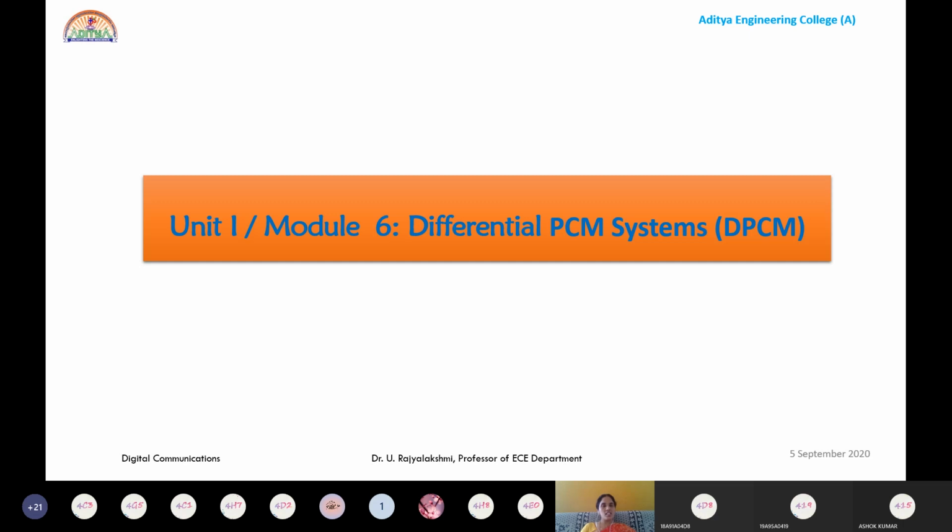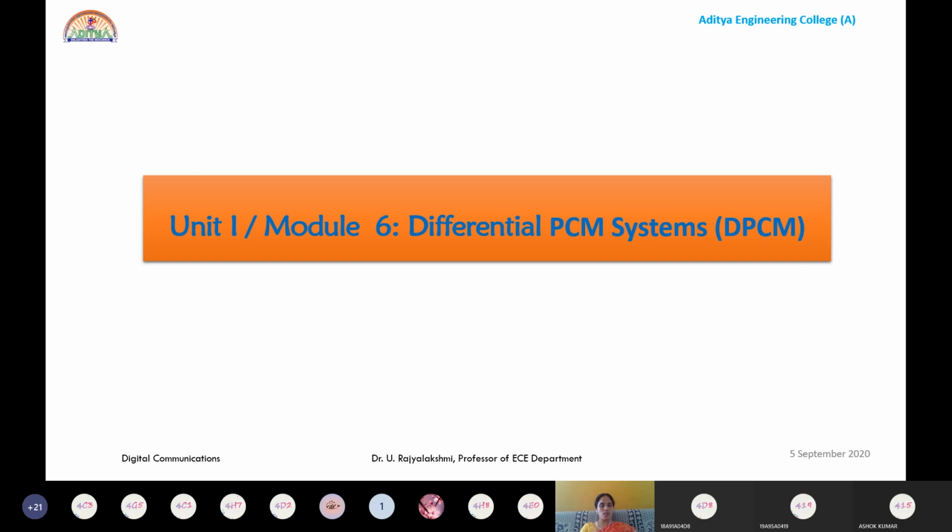In the last class we have seen the main drawback of the PCM system, and we have undergone the SNR evaluation of the uniform quantizer, and we have seen the main drawback of uniform quantization, that is, its SNR is not a stable value. So in order to provide a stable SNR, we opt for non-uniform quantization.